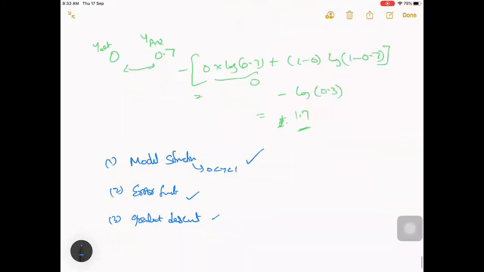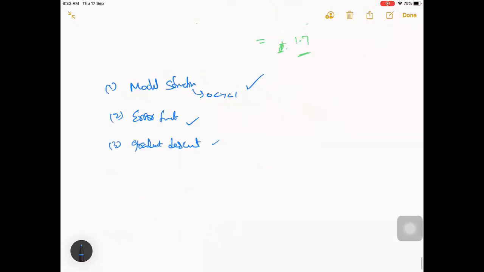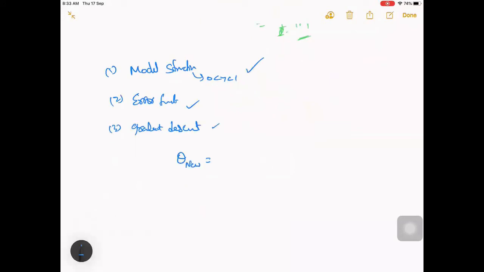So for this, gradient descent is the same formula we used earlier. Your theta new will be theta old minus alpha, where alpha is your learning rate, which you have to define beforehand, times d by d theta of your error function.